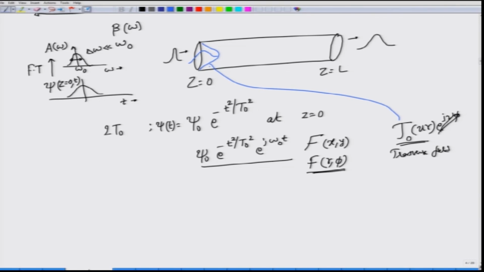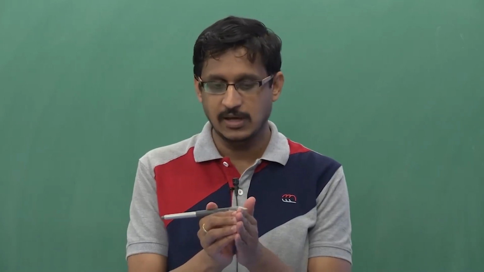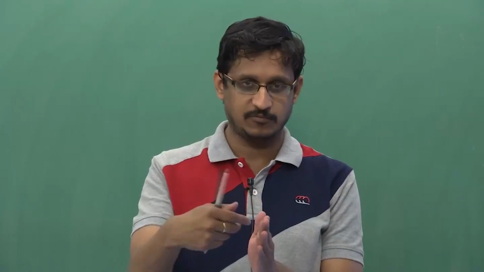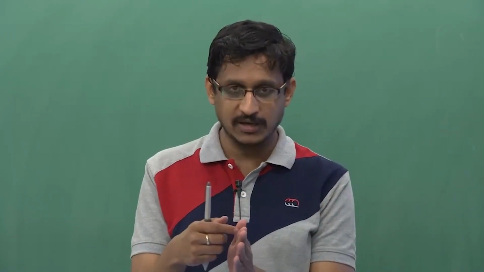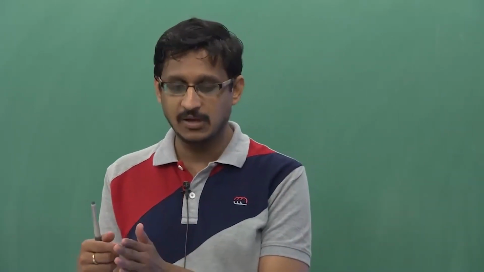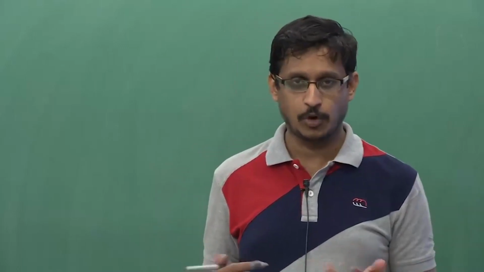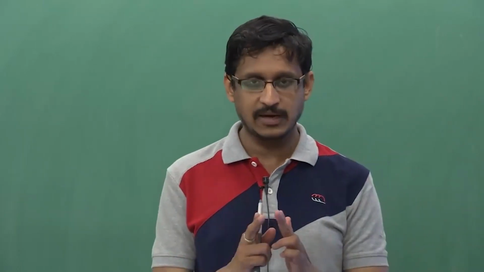One is in the transverse plane, what is the distribution of the mode energy, that is determined by the solution for the transverse field components, which is essentially what we did in the mode theory. And how a particular mode, that fundamental mode or any other mode, is propagating with respect to z and time is given by this modulated term, and how this modulated term will evolve through the fiber as it propagates. Please keep in mind these two things.